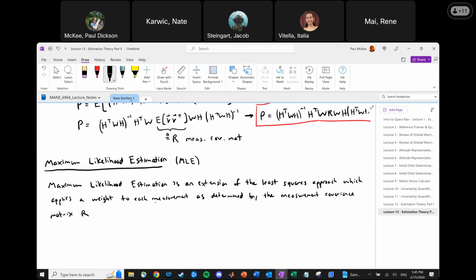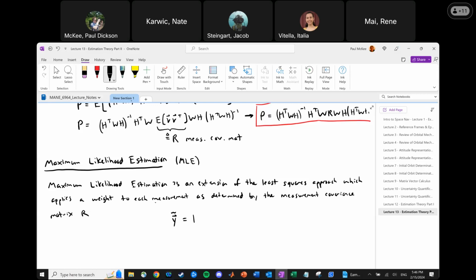Essentially, we're moving in the direction of showing that R inverse is the theoretical best weighting matrix that we could possibly use, which is great because we're not introducing a new character here. So we're going to start with our top level, nice and simple.